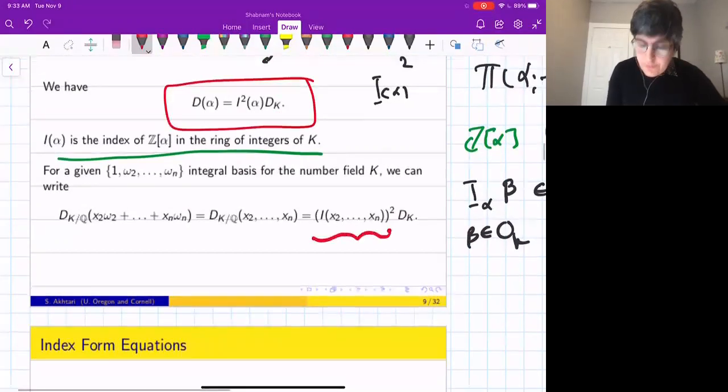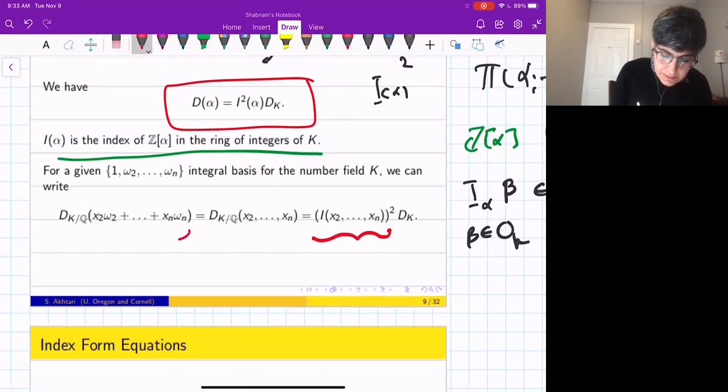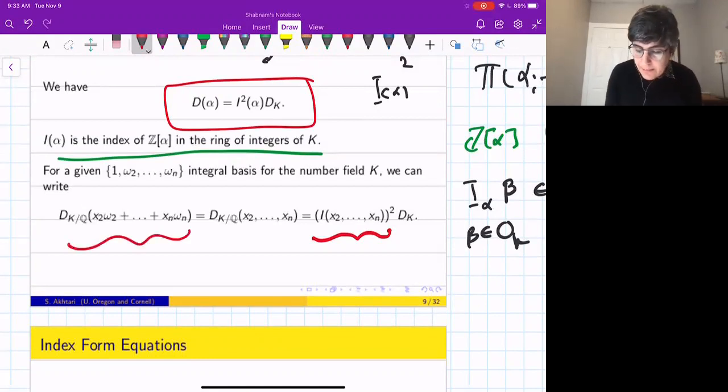It can be written as a form again, obviously, because we have a beautiful integral basis, and we can think of any algebraic integer as its integer coordinates for that integral basis. So the discriminant form becomes something that we call the index form, squared, times the constant that is the discriminant of your number field, okay?